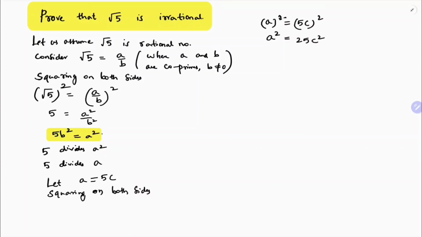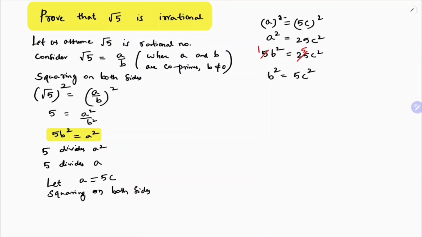So if we substitute this a square value here, you'll get 5b square equals 25c square. If we cancel this, 5 times 1, 5 times 5, so b square equals 5c square.